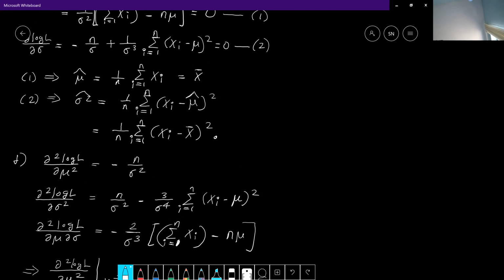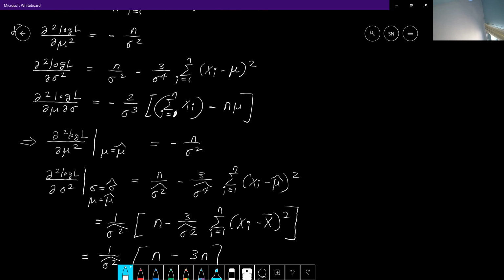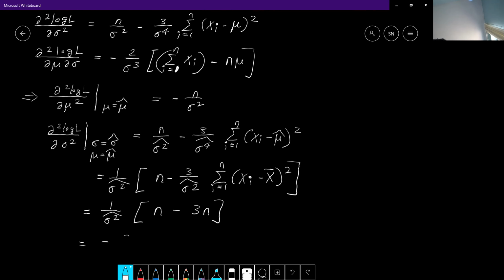Now if you replace this by this in this expression, then this thing here reduces to minus 3n. So this is equal to simply minus 2n divided by this.